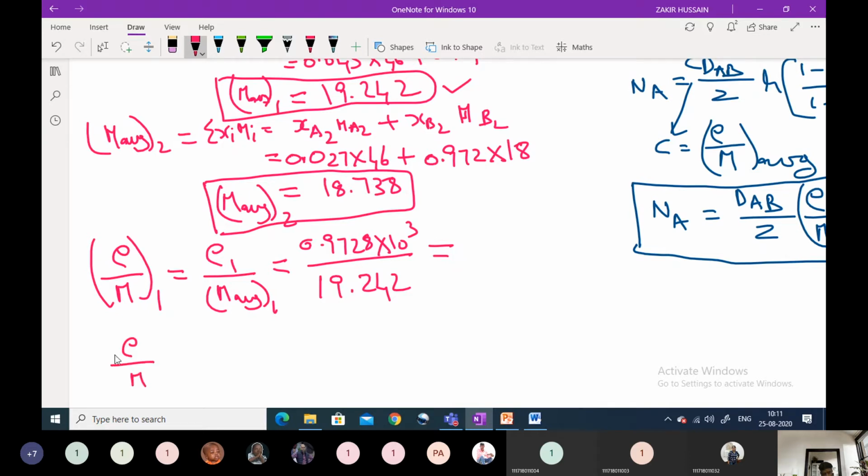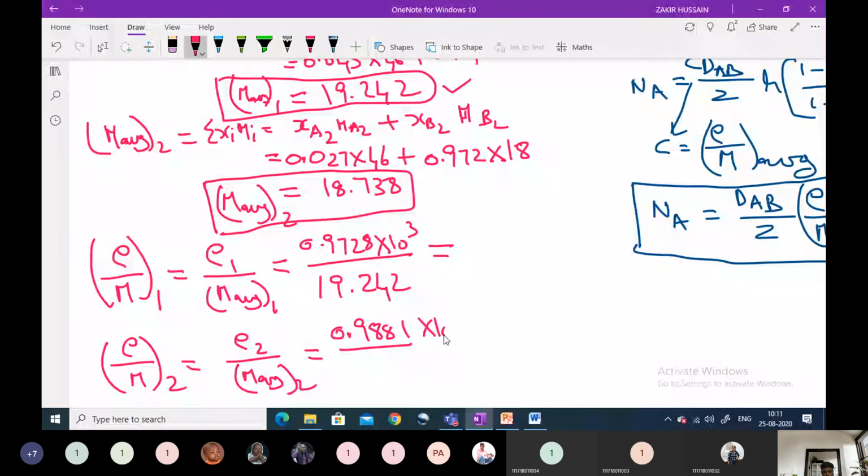Similarly at position 2, this is rho 2 by M average 2. Rho 2 we already know, it is 0.9881 into 10 cube, divided by what we just obtained, 18.738. So you can say how much these values are.